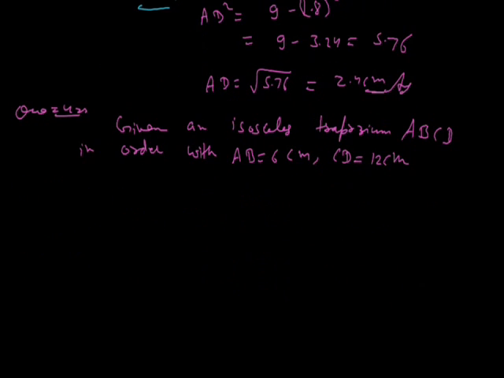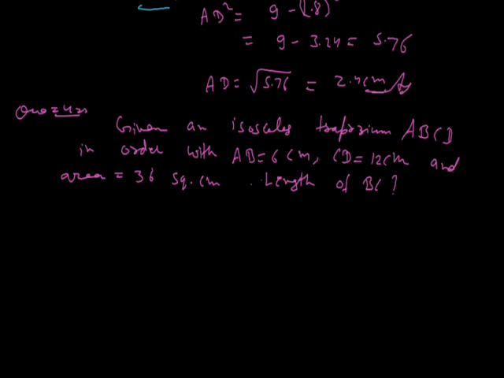It is given that both the parallel lines AB and CD are 6 and 12 centimeter respectively, and the area is 36 square centimeter. Alright, so length of BC, it means we just need to find the length of BC.